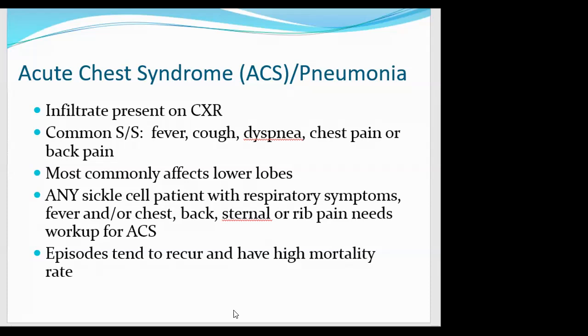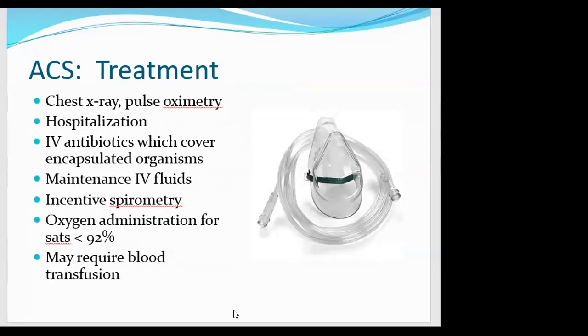It's bad enough for the lungs, but then you have the fact that you have sickle cell disease, and those sickle cells are decreasing oxygenation to your lungs. So this is bad. Get them to the emergency room immediately. You want to put them on some oxygen. You want to give them some IV antibiotics to get rid of whatever's causing this.